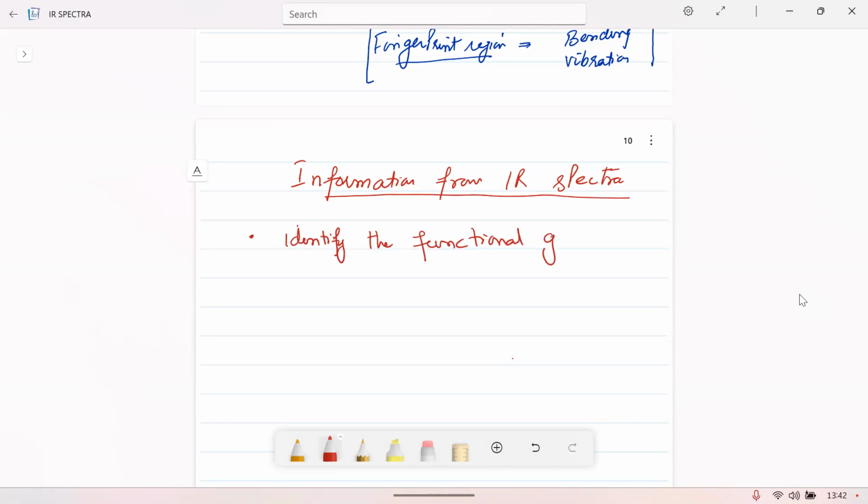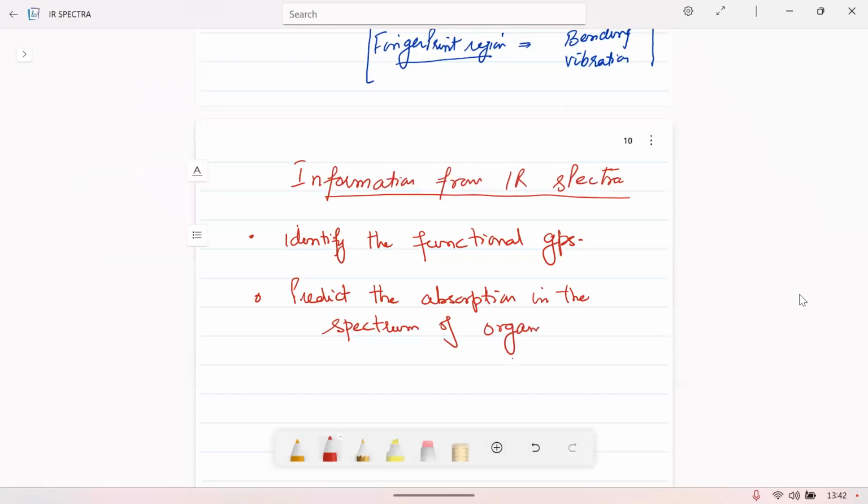Identify the functional groups. The next thing is, it can help us in predicting the absorptions in the spectrum of organic substances.